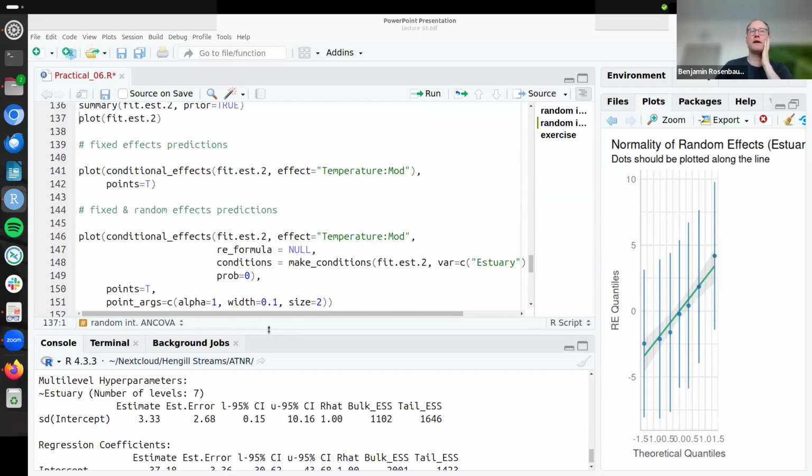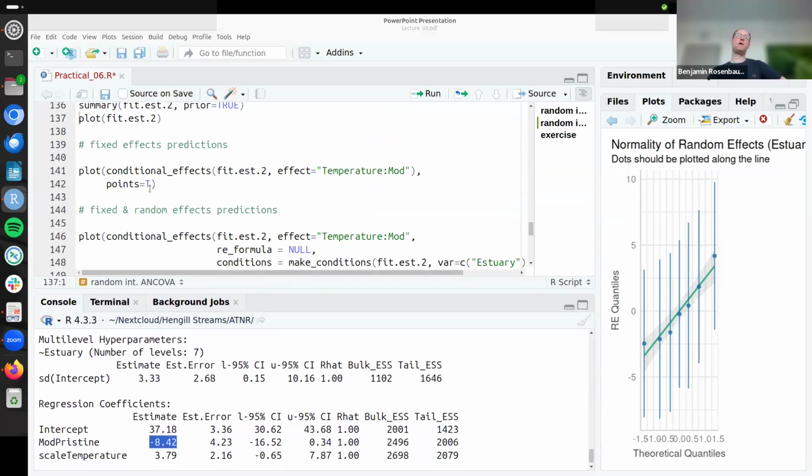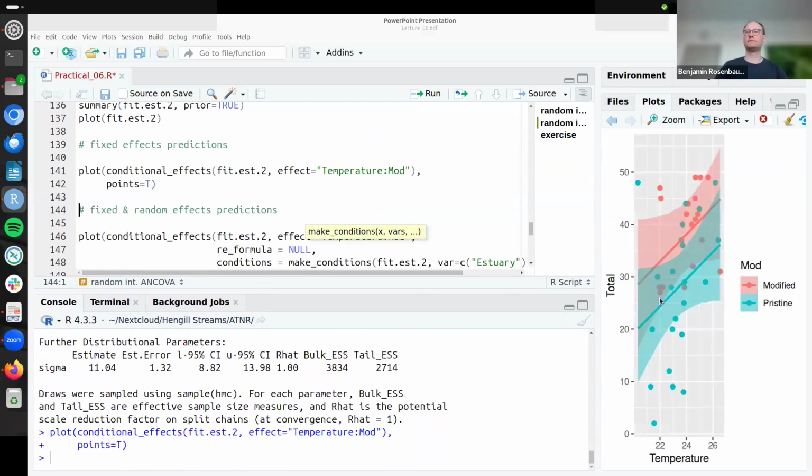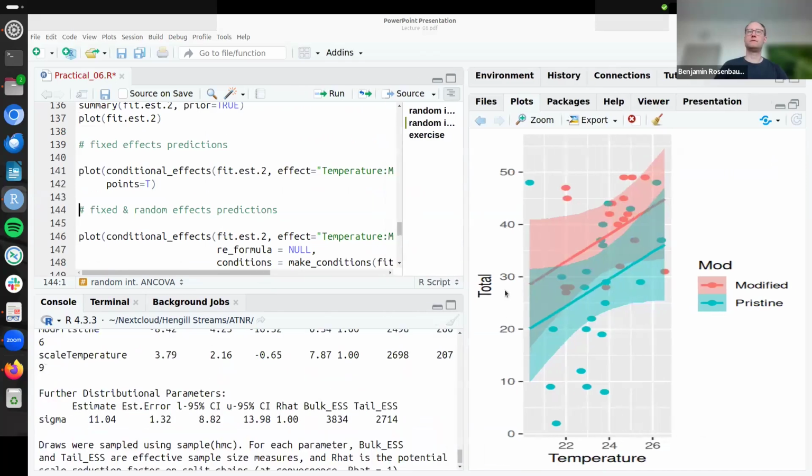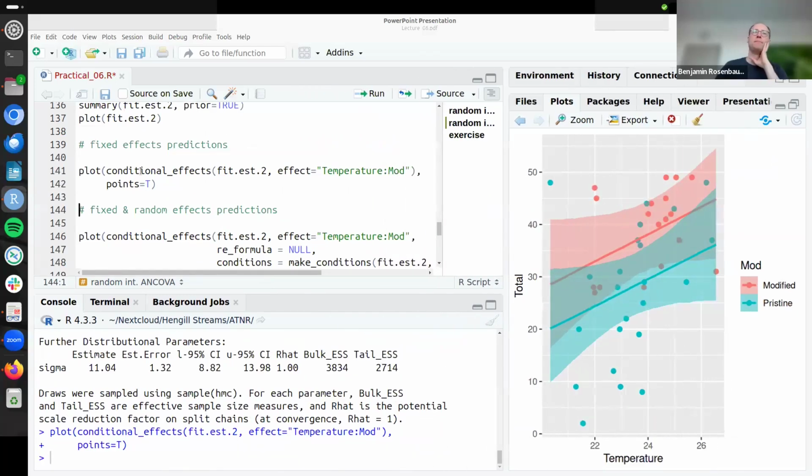So let's first look at some model predictions. Right, so if we do not specify anything, these will just be predictions for the fixed effect part. So averaging over all these different deviations of estuary.